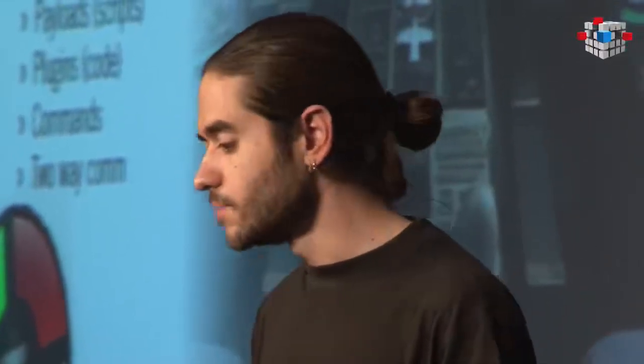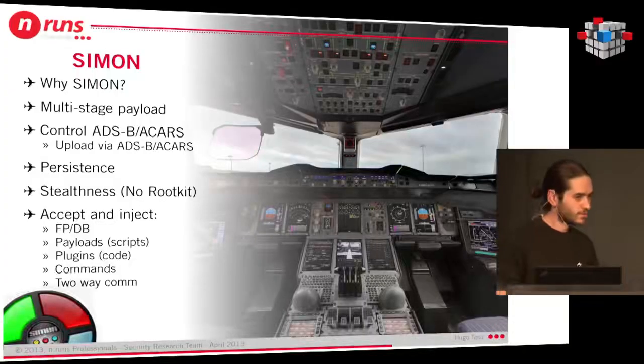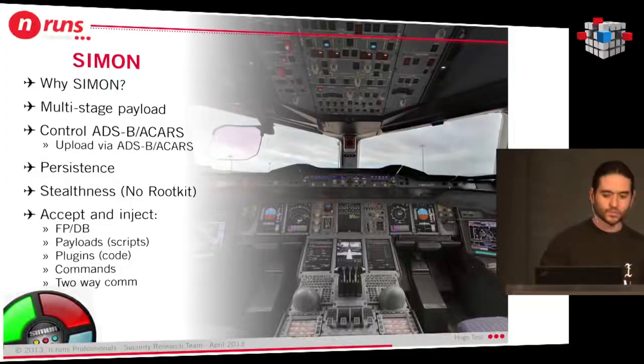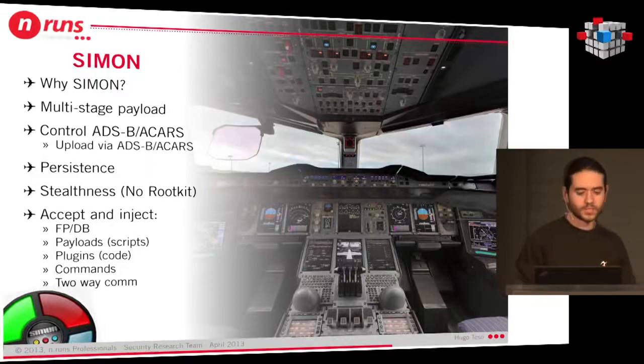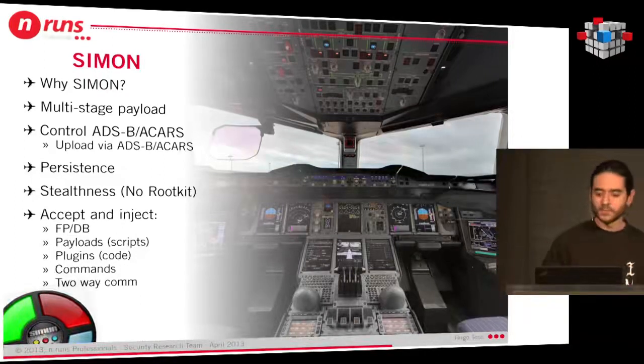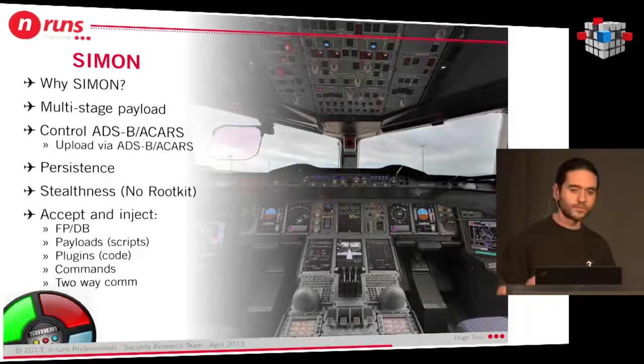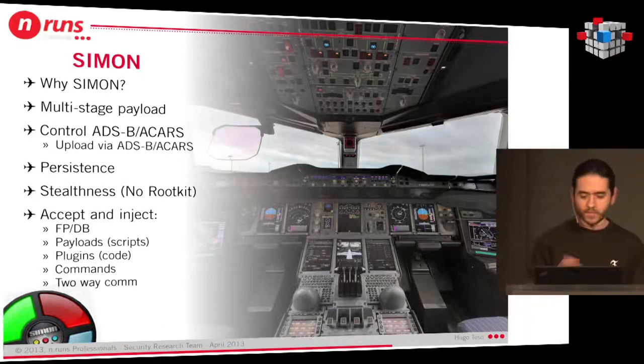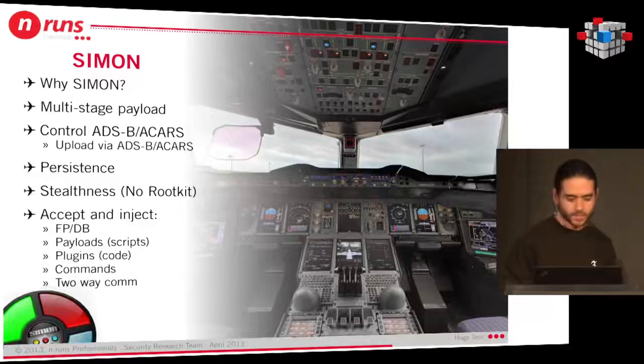And Simon is a multi-stage payload, first stage to upload the second ones, trying to control a little bit the ADS-B cards in order to upload the second stage and the third stage. After that, we gather a little bit of persistence, because once on ground, usually you turn off all the systems at some point, and we would like to keep the control of the airplane, even if they shut down the FMS for a few hours.